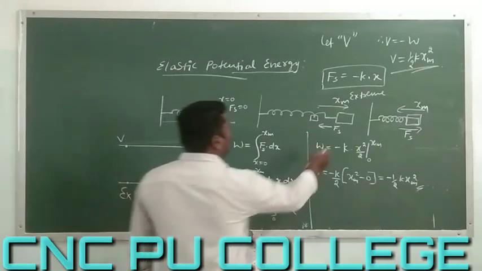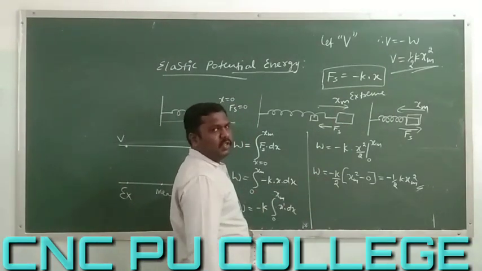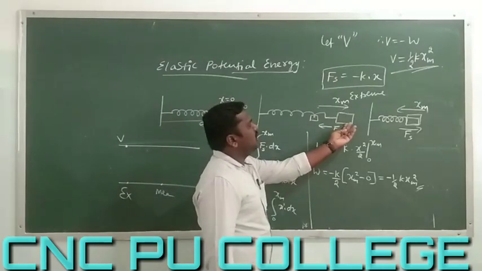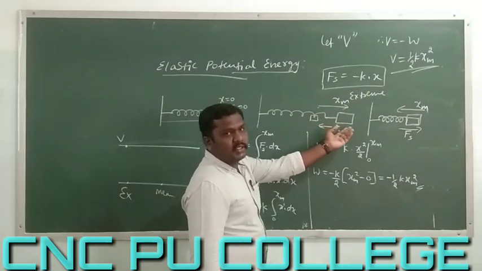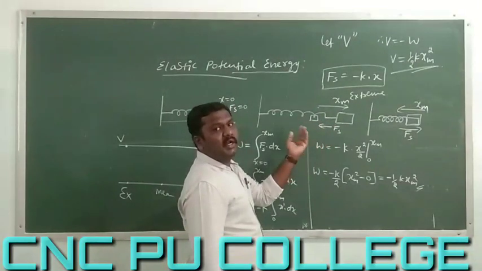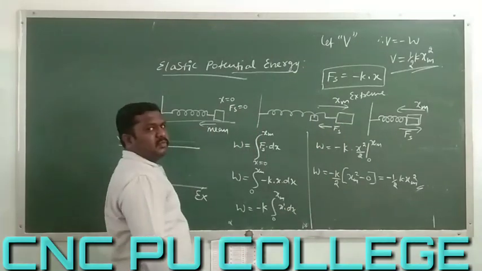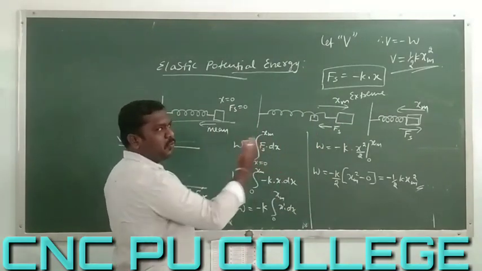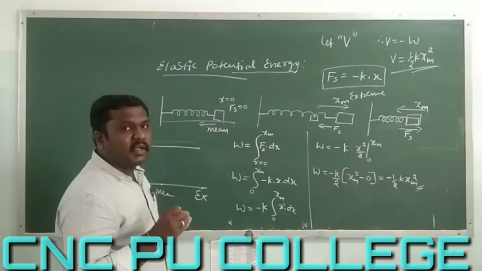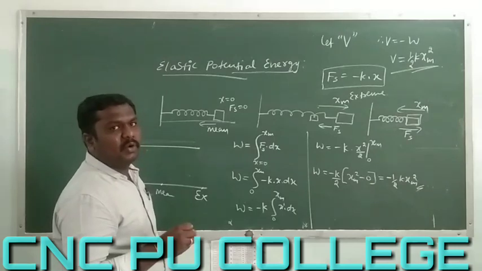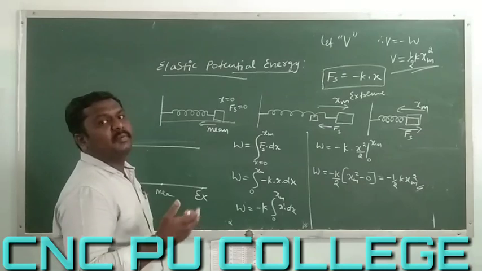And if we allow the load, it starts to move towards the mean position. Because of spring force, it is making its displacement towards the mean position, so that potential energy gets converted to kinetic energy. As we allow the load to execute oscillations from the extreme, it reaches the mean position. At the mean position, the displacement becomes 0. So potential energy gets converted to kinetic energy and speed becomes maximum.